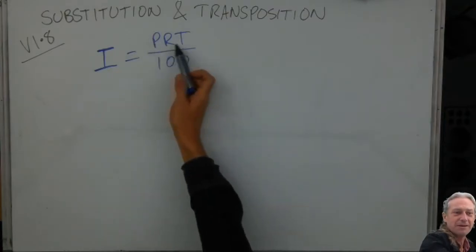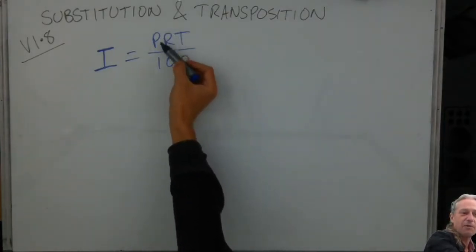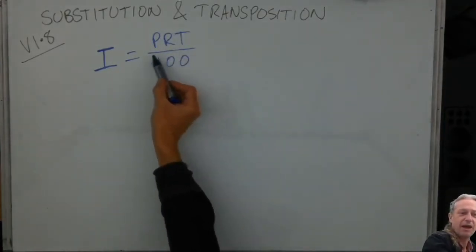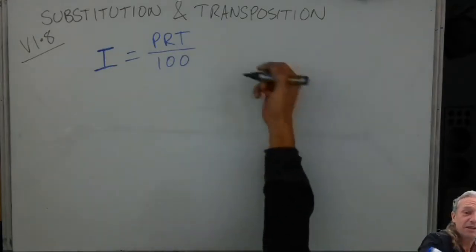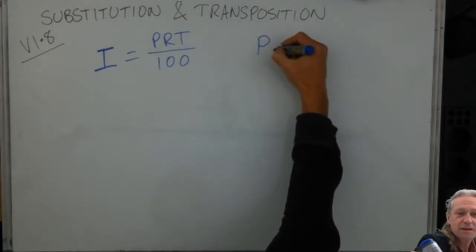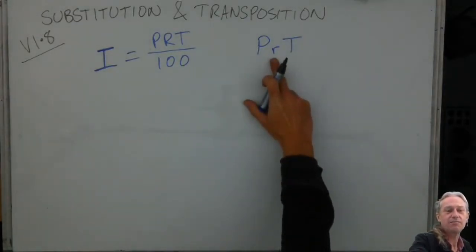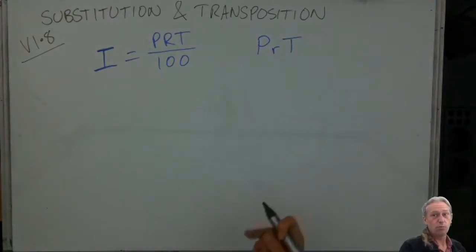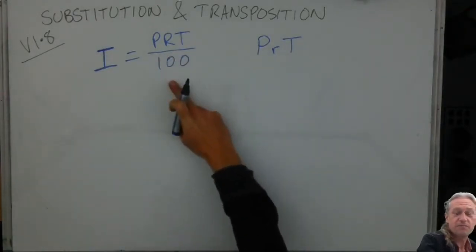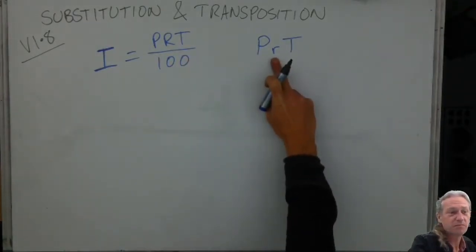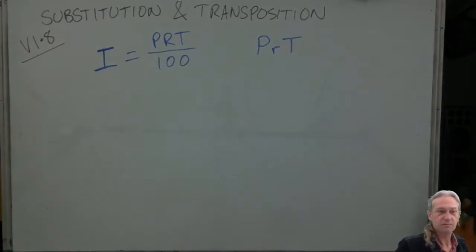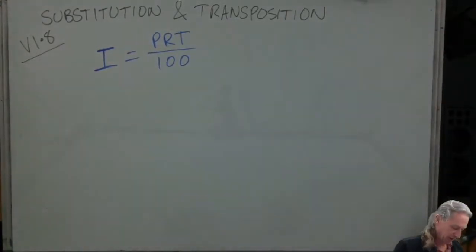We've already looked at this. Notice we've got a capital R here and it's over 100. So really this is the same as the one we were using. This little r is the full percentage divided by 100, so just convert it into a decimal. But we'll stick with what they're giving us for now.